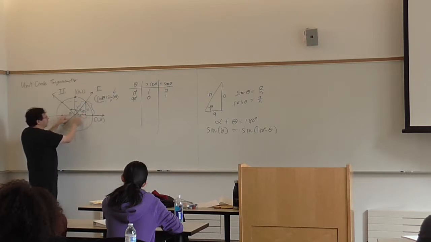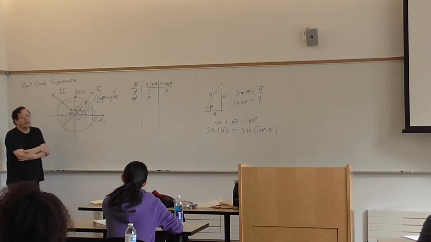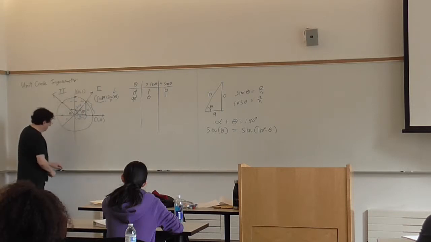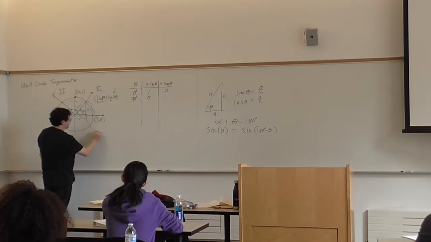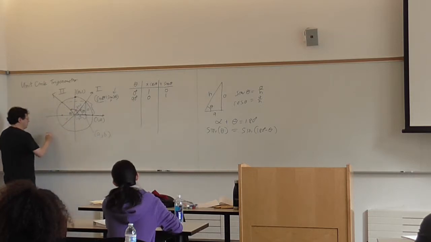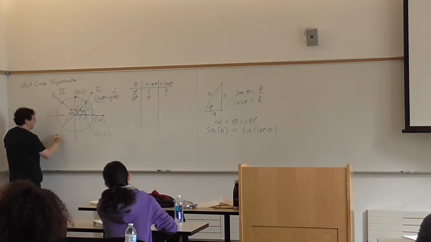So what I'm asking is what happens to the cosine of the supplement of this angle, at least between 0 and 90 degrees. In other words, look at this coordinate here. Let's give these coordinates a name here. Let's call this A and B. Well, we know the y-coordinate here is the same.